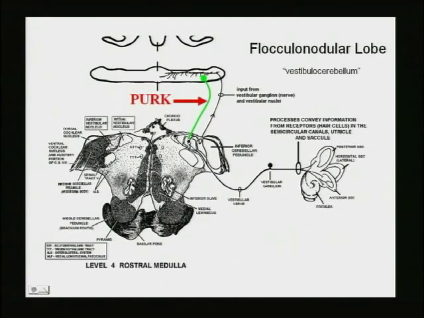So these vestibular nuclei are the deep nuclei of the flocculonodular lobe. And we know that these nuclei can send information down the spinal cord, medial vestibulospinal tract, lateral vestibulospinal tract, or you know that they can cross to the other PPRF and play a role in the vestibulo-ocular reflex.